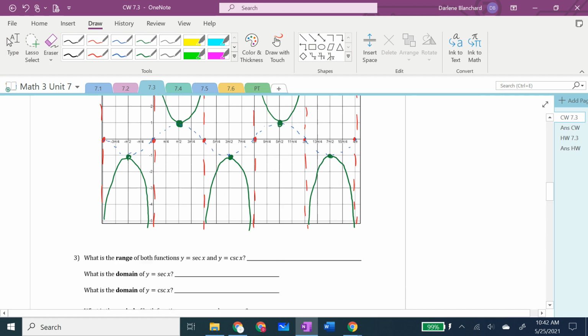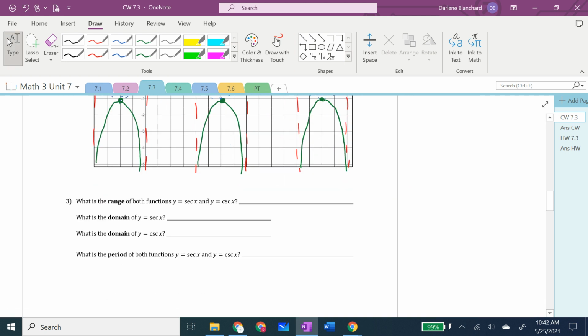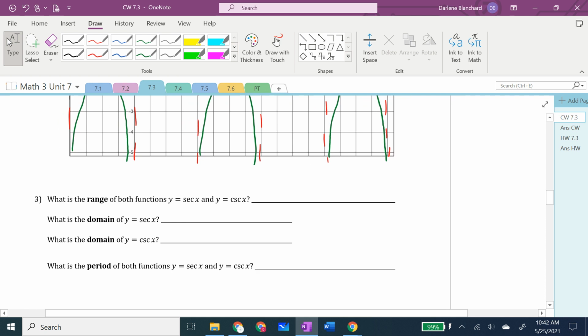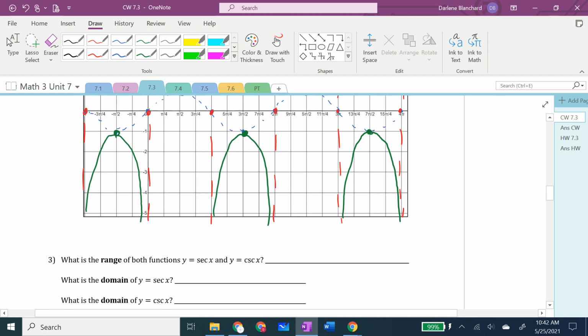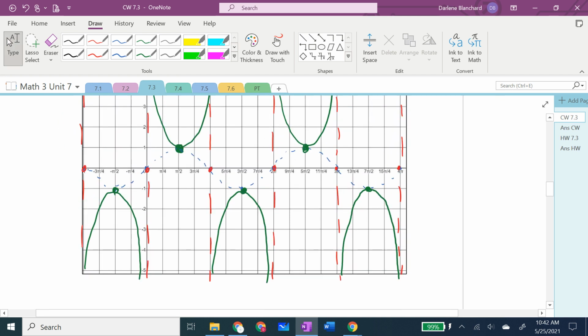Now, some tough things to fill in here. Range. Range is looking at y values. The range for both secant and cosecant, what I want you to see is what isn't in the range. What is not in the range of secant and cosecant are the y values in between -1 and 1.